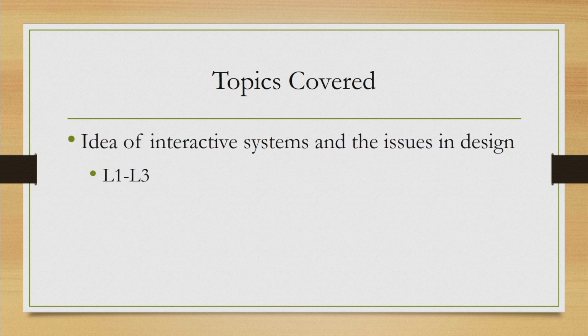In the first 3 lectures, lecture 1 to lecture 3, we have covered the basic idea of interactive systems, what they are, why they are important, and what are the big challenges and issues in the design of such systems.